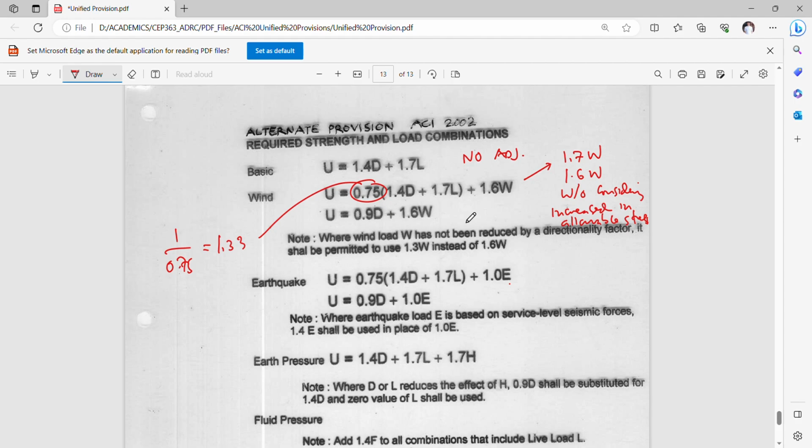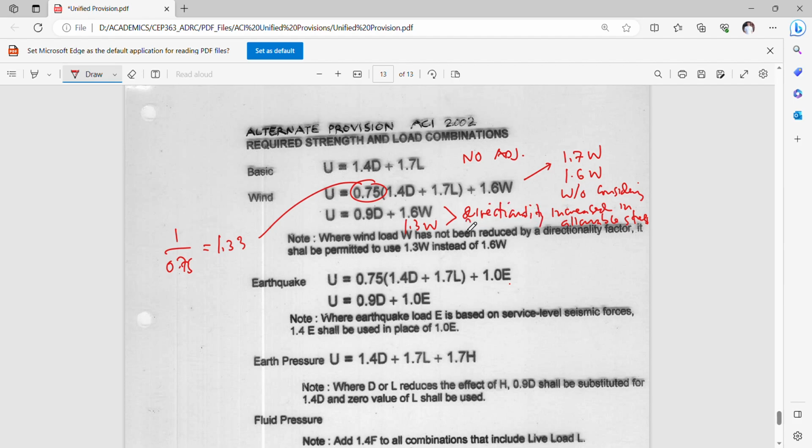Okay, so what's the difference between having a 1.3W and 1.6W? Okay, so the difference is on the directionality factor.